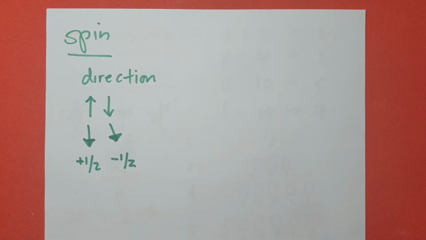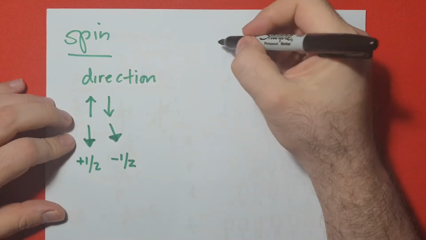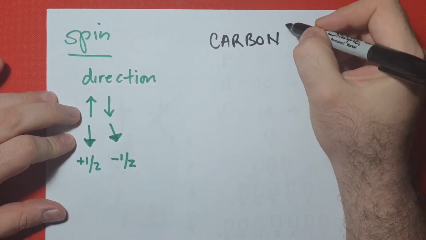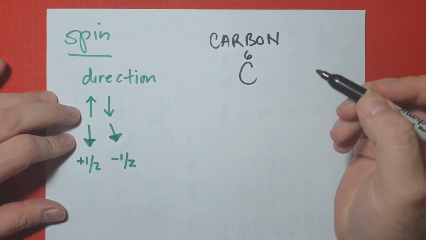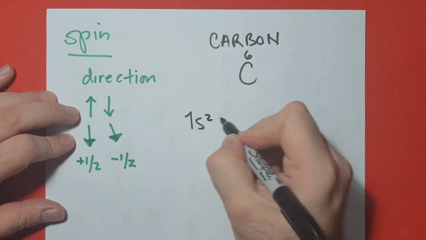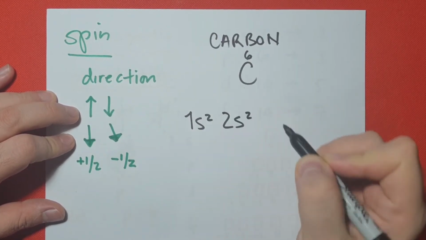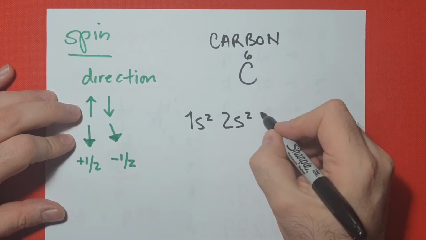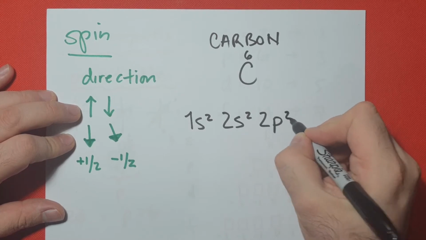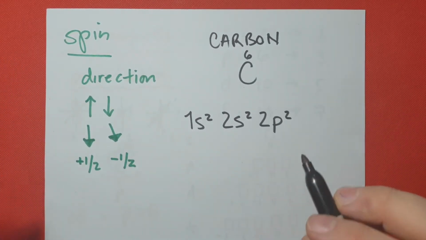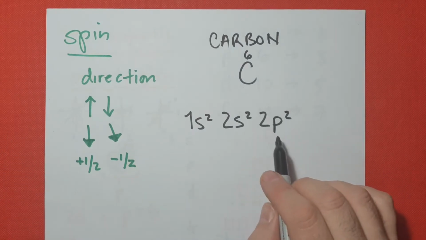But let's look at a concrete example, okay? So let's take carbon. Carbon has atomic number 6. So that means that if we make our electron configuration, we go 1s2, 2s2, and we're still missing 2 electrons, right? And those two electrons are going to be on 2p2. P can hold 6, but we only need 2 spaces. So let's look at that last orbital that we're filling.